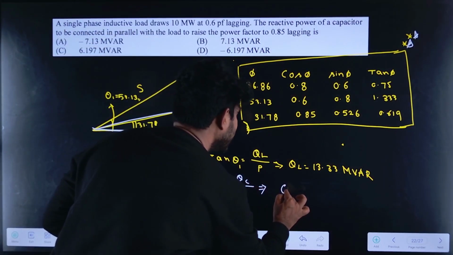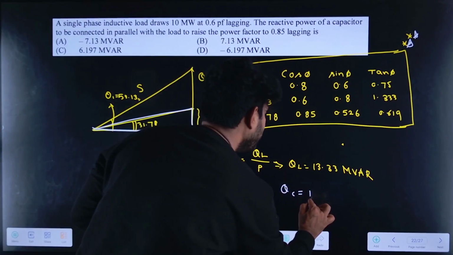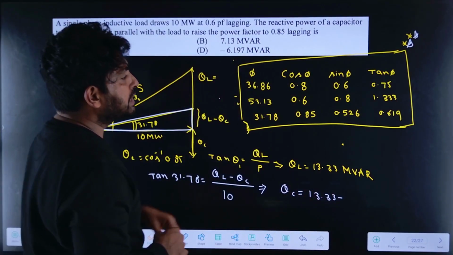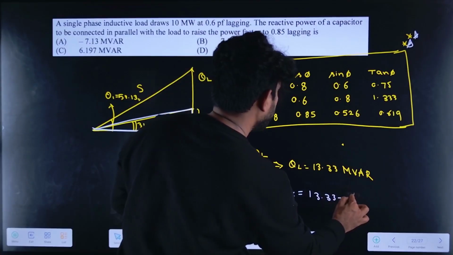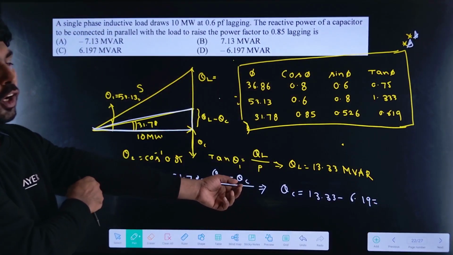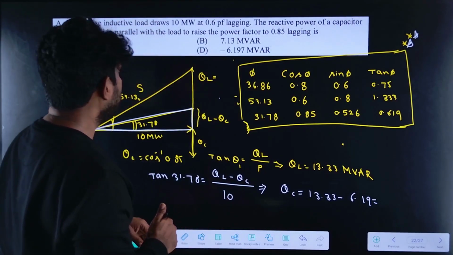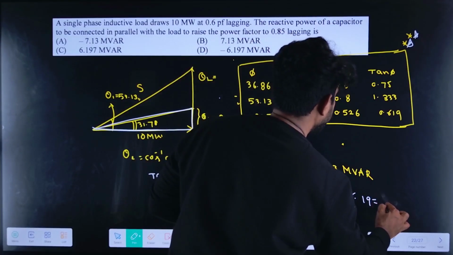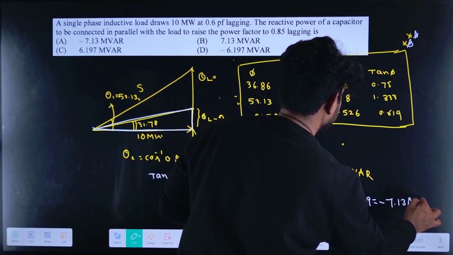From this, QC equals 13.33 minus 6.19. How much do we need to inject? 7.13 MVAR.